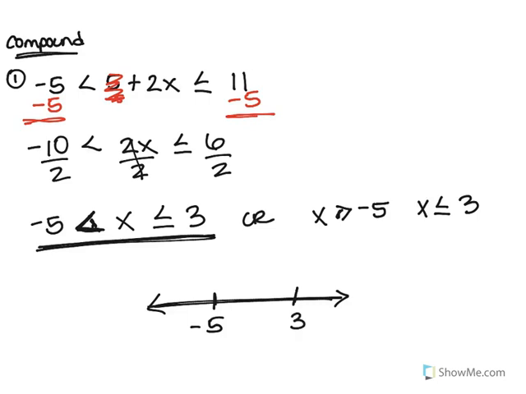Now, when we do shade, because this is compound, I want you to show me where my answer would be at the same time. All right? You got 2 different signs here. You have x is greater than negative 5. If there was a number line with just negative 5 on it, you would shade it going to the right.